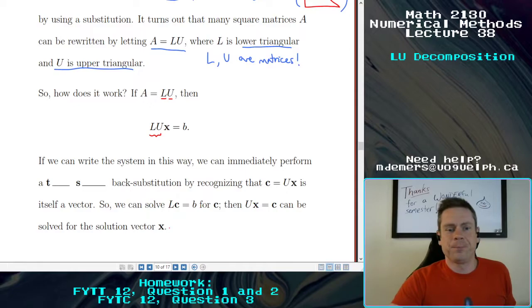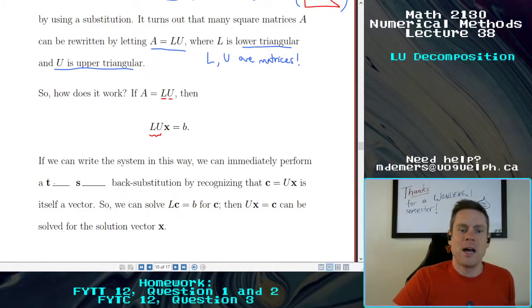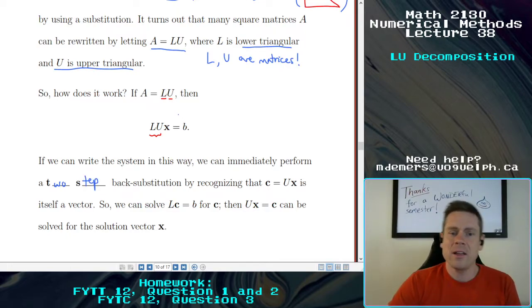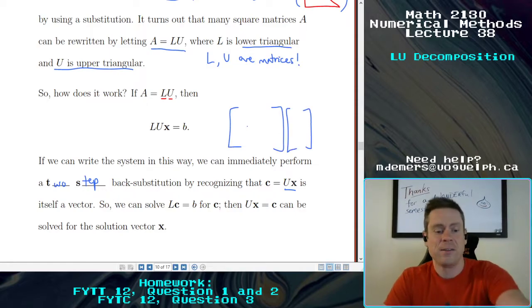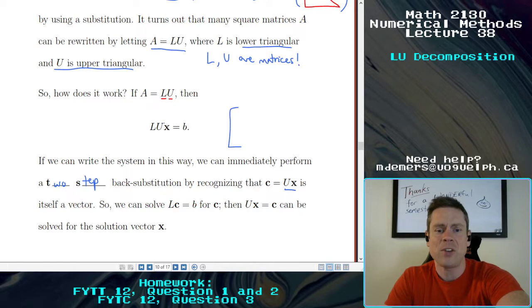Check this out. What we can do is immediately perform a two-step back substitution. Why? Because this here, this Ux, if you take a matrix and you multiply it by a vector, you get another vector. So that means that U times x is itself a vector.